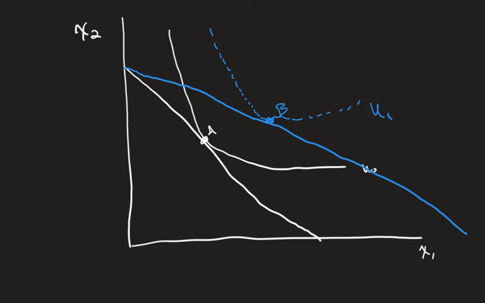And so that's going to imply I want to try to draw a budget line that's tangent to U0, that has the same slope as that blue line there that I have.